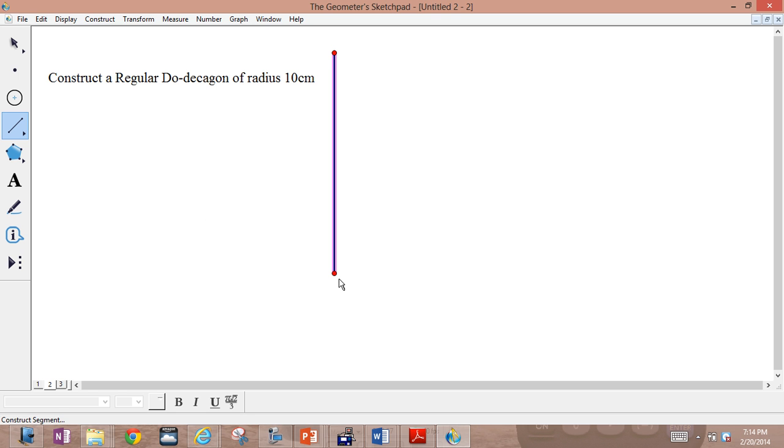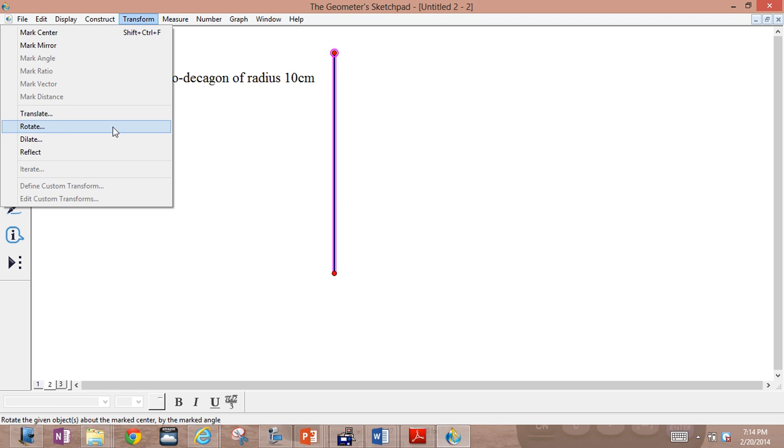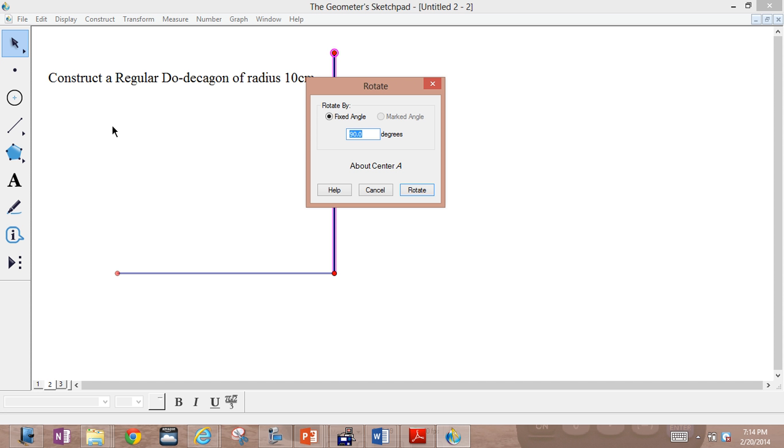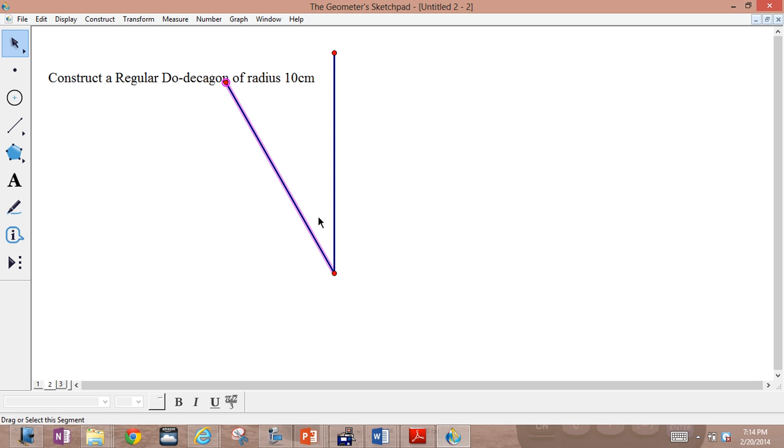So I'm going to rotate this segment through 12 rotations of 30 degrees each. Call that the center, select the segment, select the endpoint, rotate through 30 degrees. Rotate again through 30 degrees.